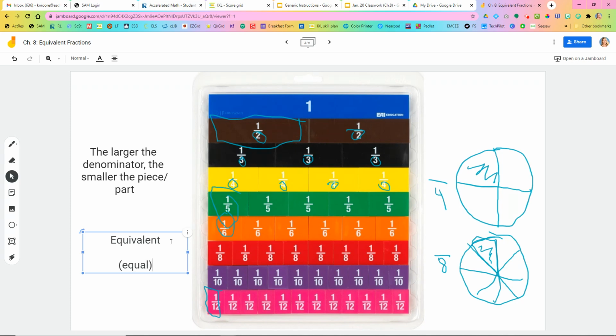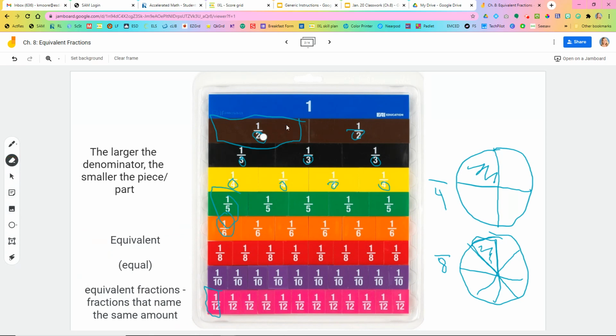Equivalent does mean equal. Equivalent fractions are fractions that name the same amount. So the fractions may look different, but they're going to name the same amount. Let me give you an example of that.